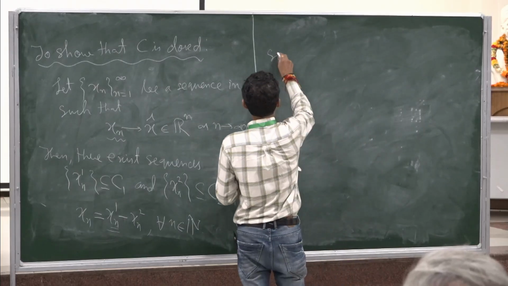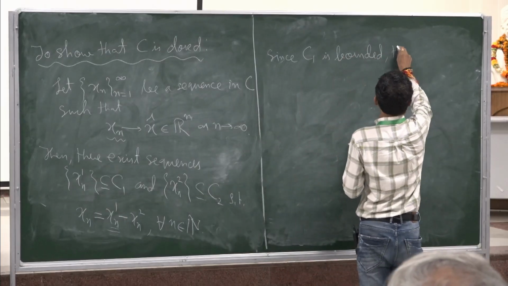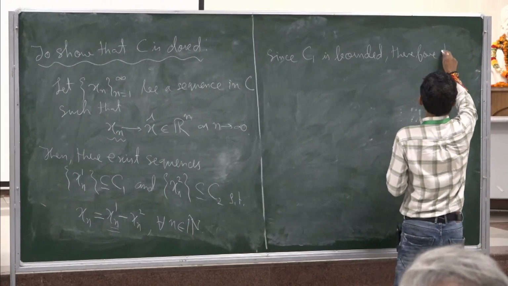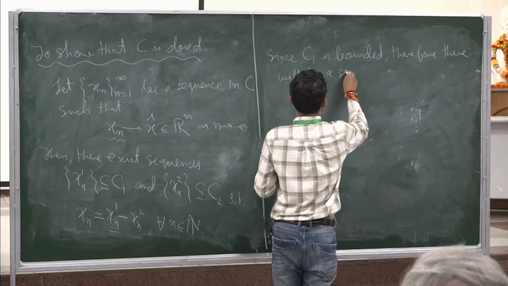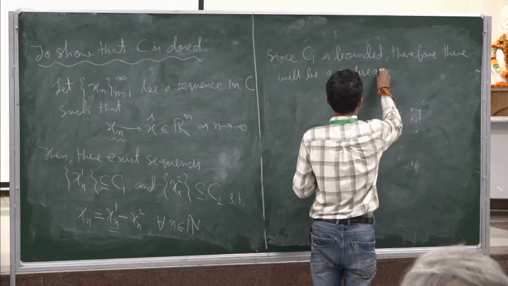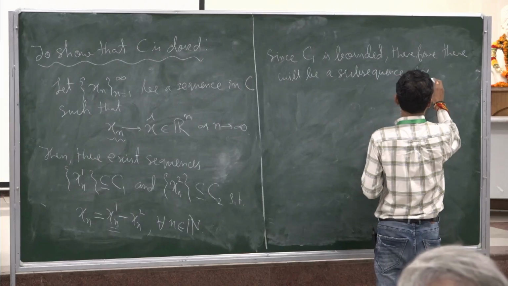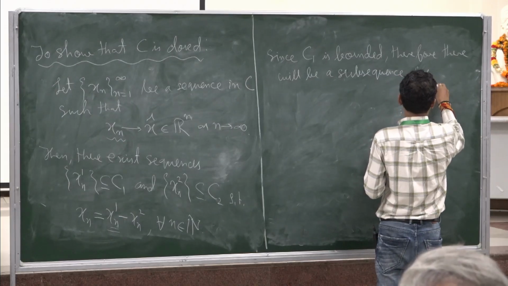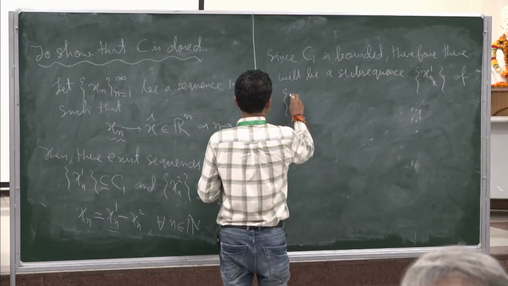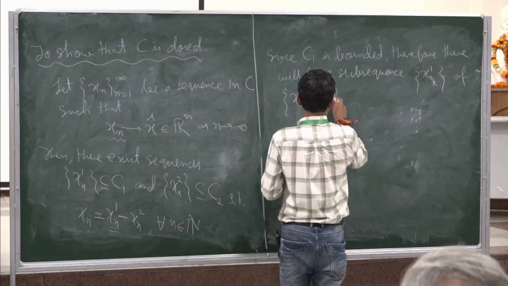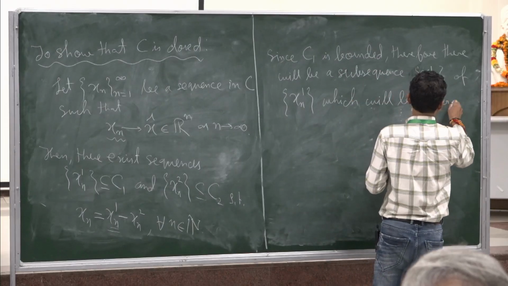Since C1 is bounded, therefore there will be a subsequence, which we denote by xnk1, of xn1 which will be convergent.